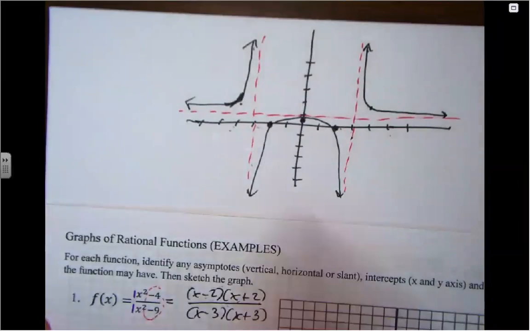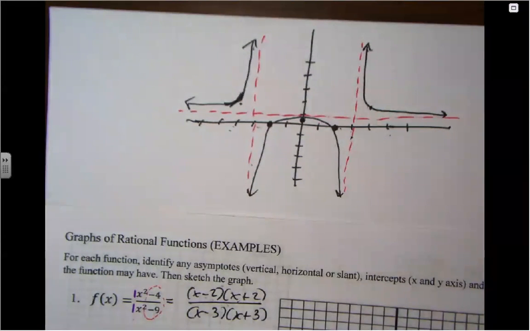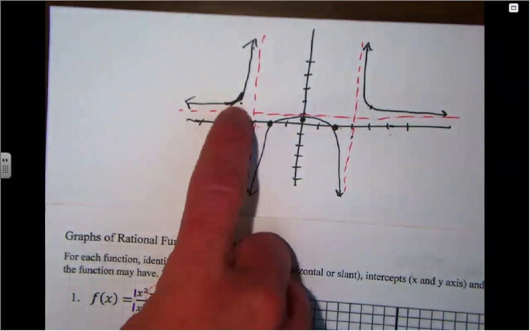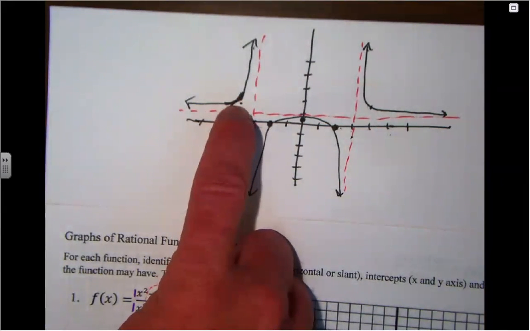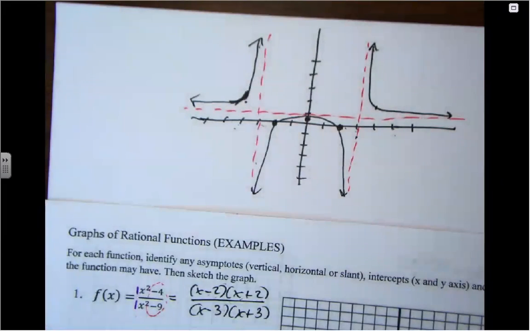Because the horizontal asymptote was at 1, and I know it's not going to cross that asymptote on the ends, then as soon as I know that one value over here is above that asymptote, the whole section of the graph is going to be above that asymptote. Does that make sense?